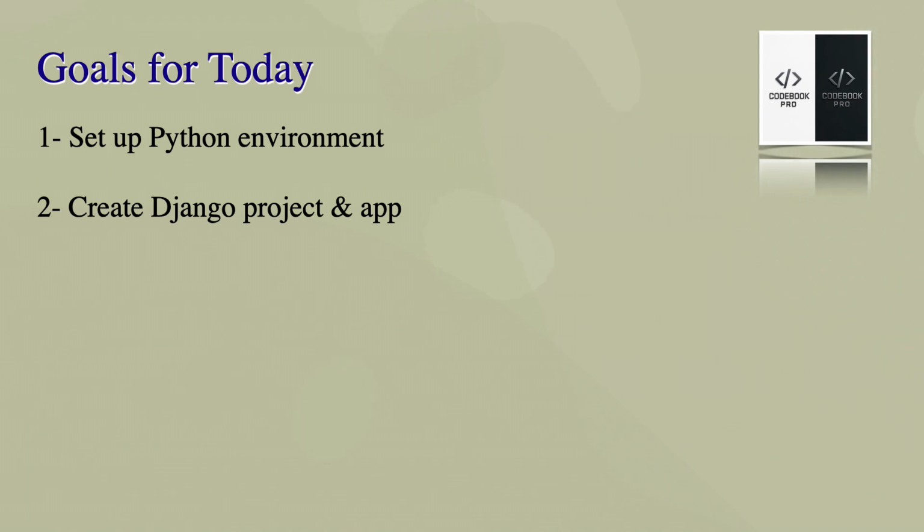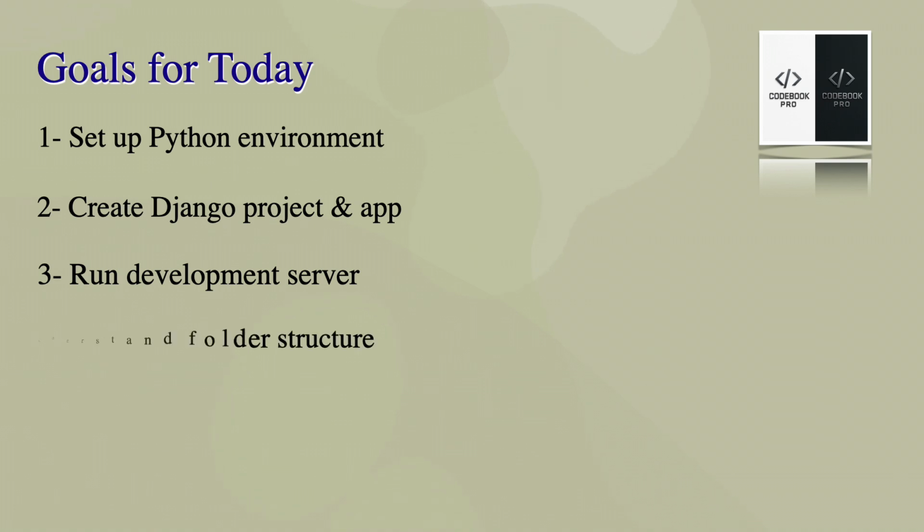Then we will run the development server so we can test our work in real time as we go. And finally, we will walk through the Django folder structure so you know exactly where everything lives and how it fits together.